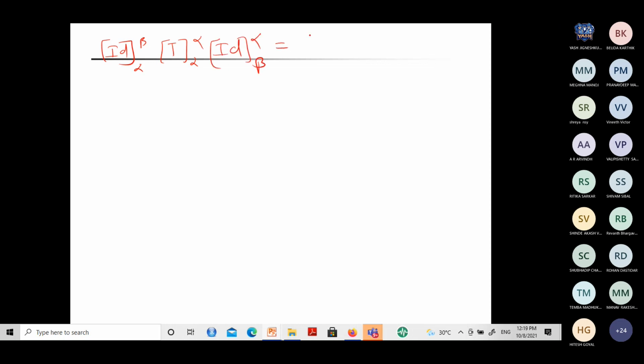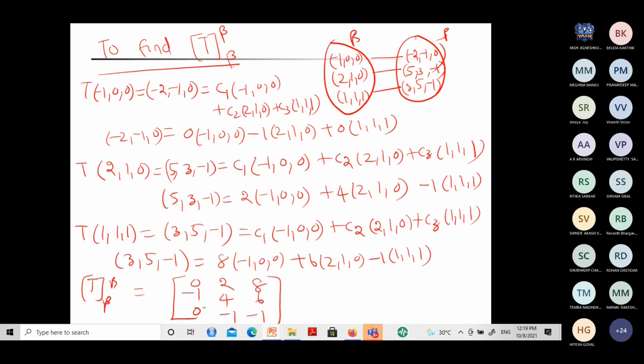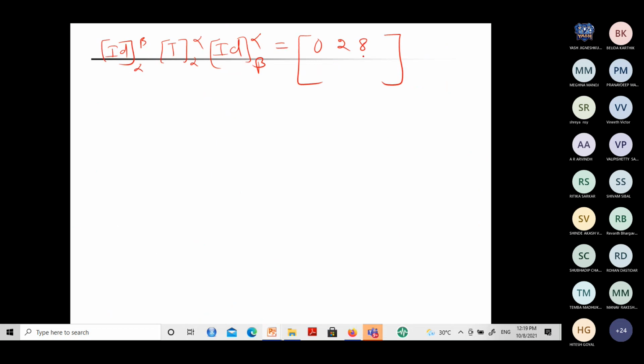You have to multiply and show that it is equal to T beta to beta, 0 to 8. I'll write directly and check later. Hence verified.